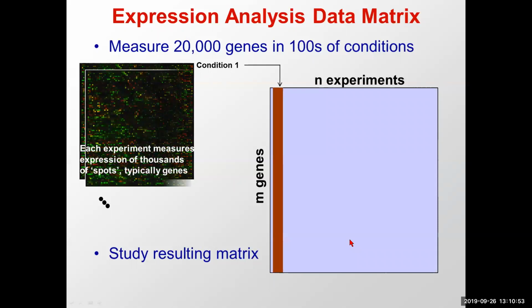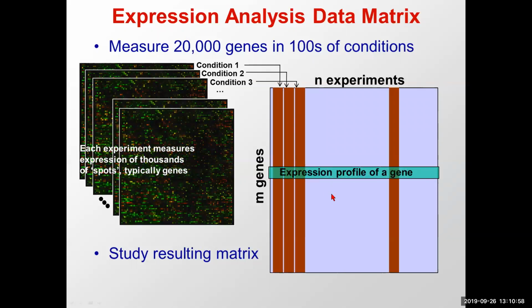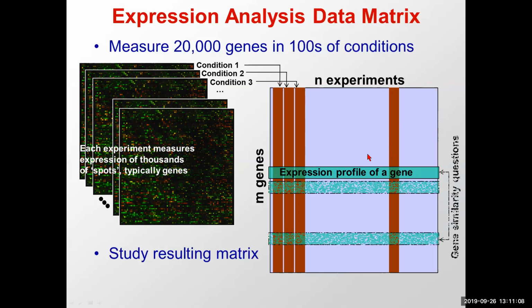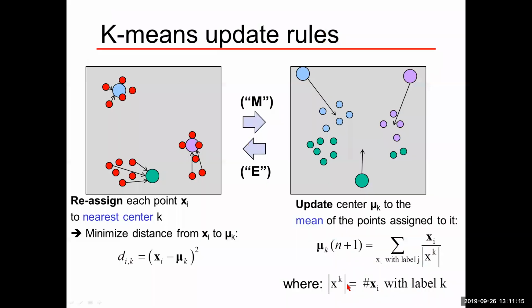Then how the resulting data matrix effectively looks like a bunch of columns, each column capturing 20,000 genes in a given condition, and then enabling us to look at the expression pattern of a gene across conditions given the right set of normalizations. And then we can start asking about gene similarity questions and experiment similarity questions.